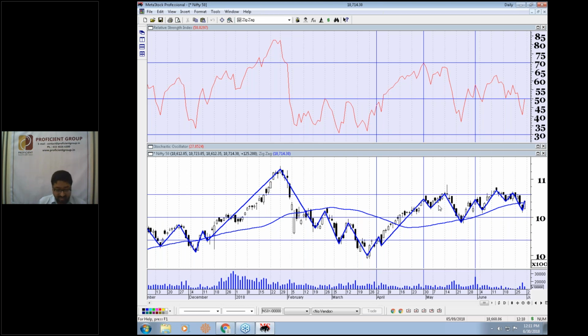And the sixth tenet, which is also very important, says that trends are supposed to continue until there is definite evidence that they have ended, right?